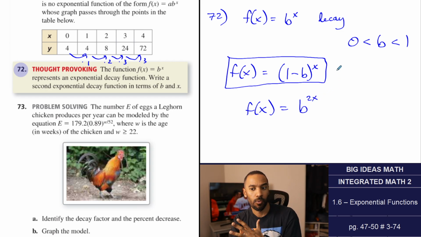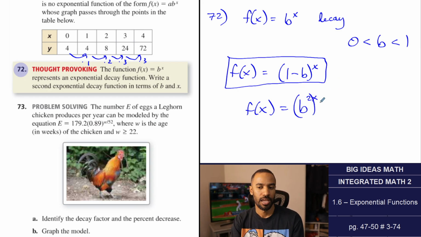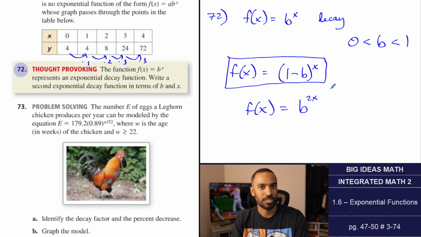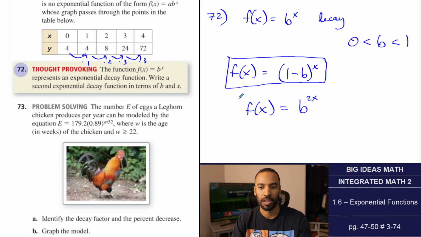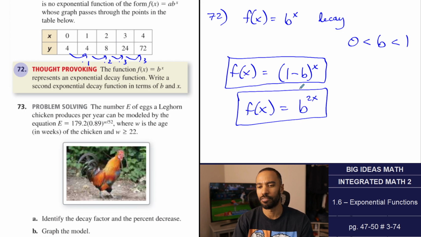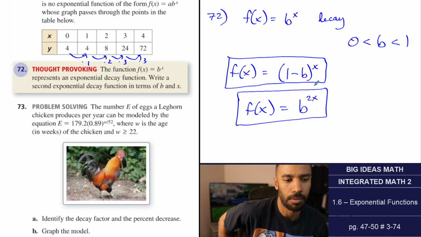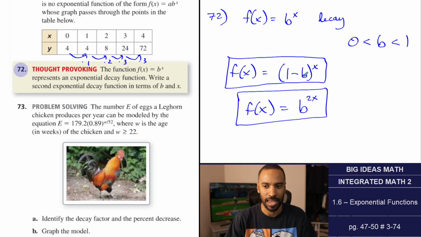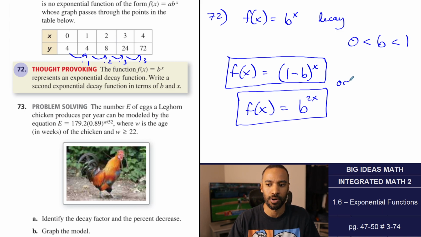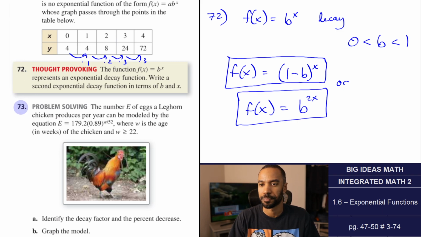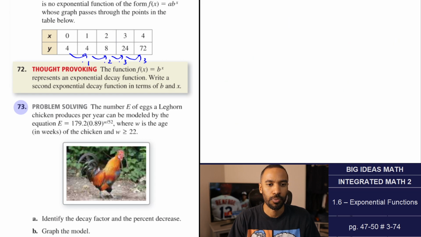Because if I square 1/2, this is b squared to the x. If I square 1/2, it's still between 0 and 1. So this is another example. So you have a couple of examples that you can do, and they still remain decay in this way. So like this or this, that's very thought-provoking. That actually worked out. But not 1 over b. That wouldn't work.